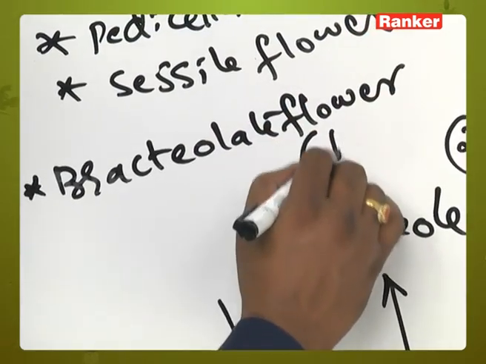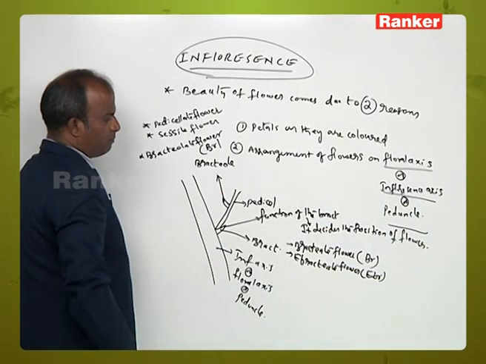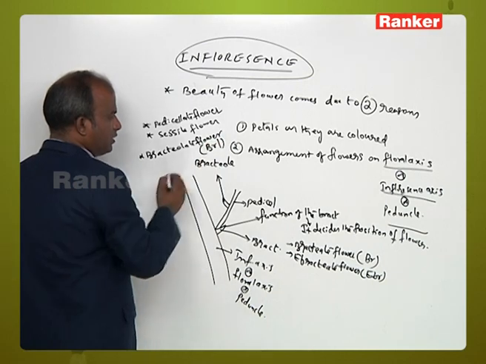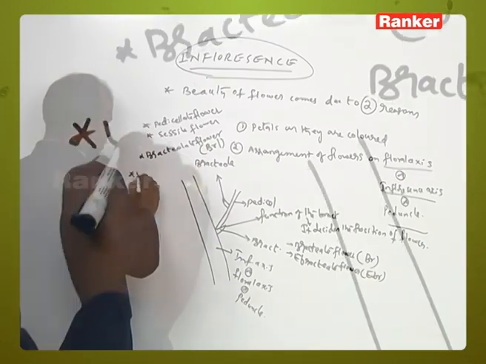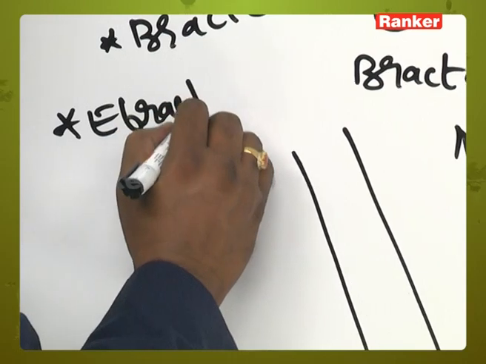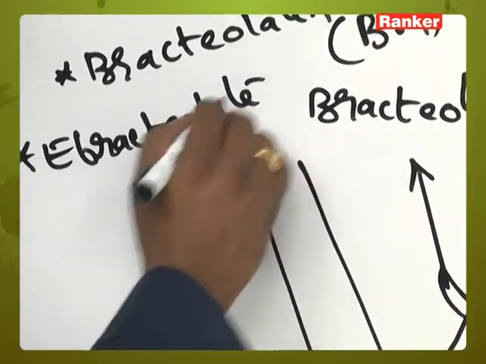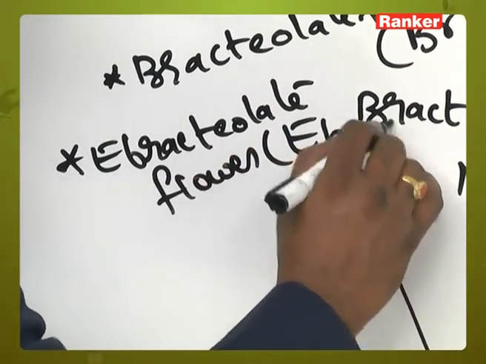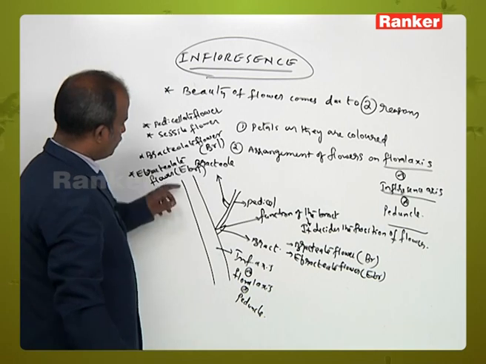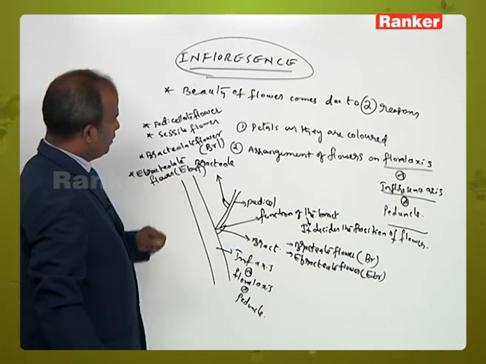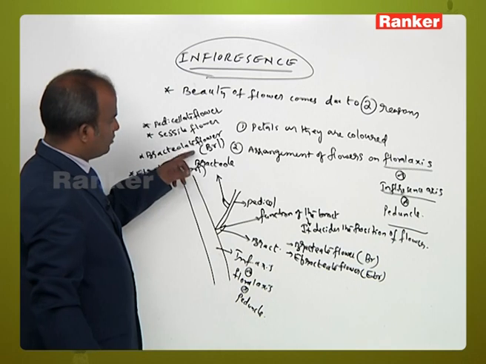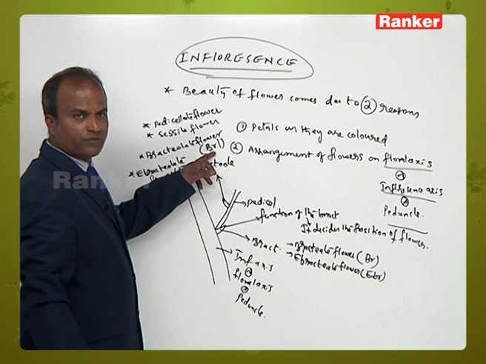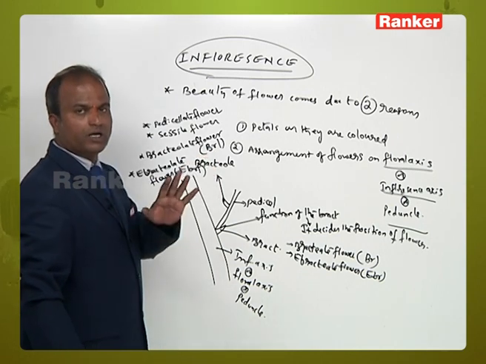In floral formula, it can be represented with BRL. If it does not contain bracteole, then it is called as ebracteolate flower. In floral formula, it can be represented with EBRL. If the flower contains bracteole, then it is called as bracteolate flower, represented in the floral formula as BRL.